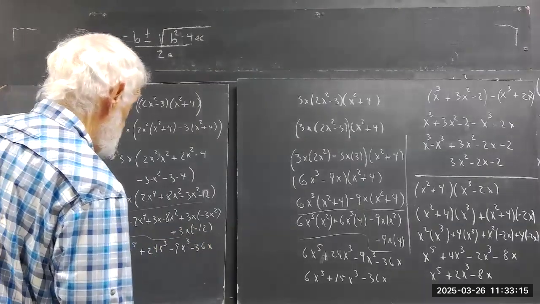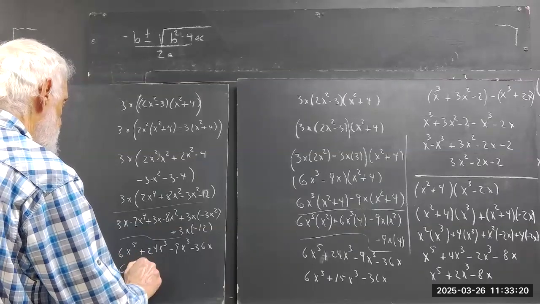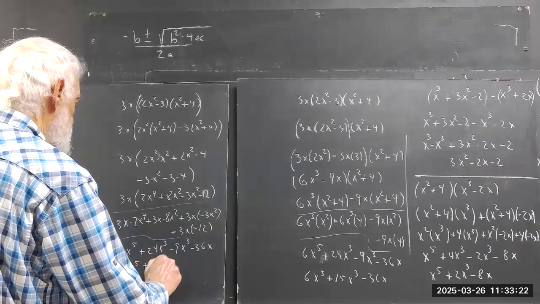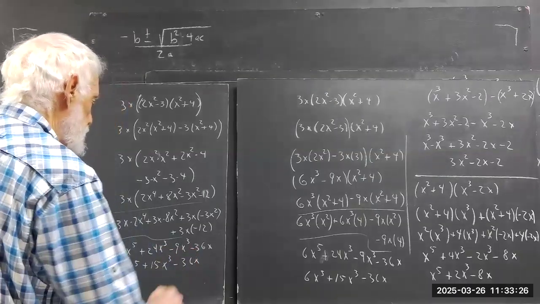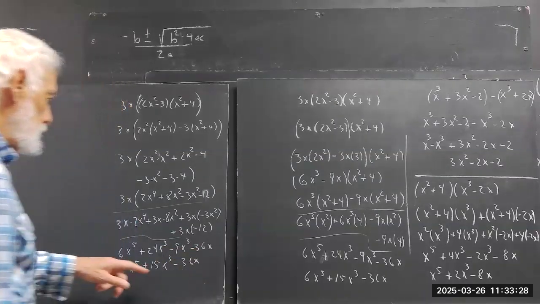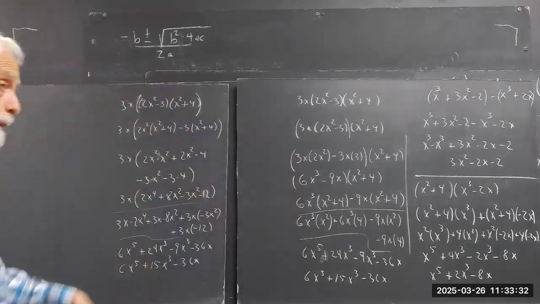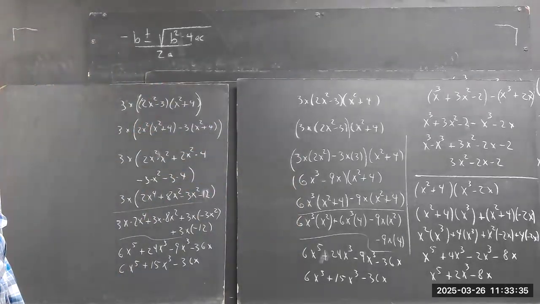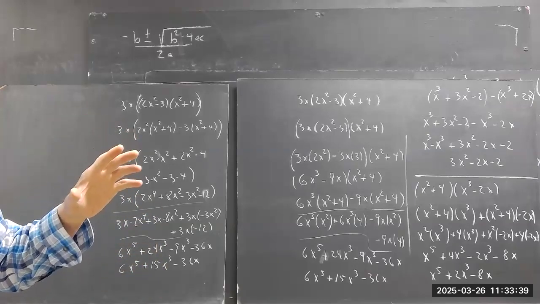We still got the x. And now this simplifies to 6x to the 5th plus 15x cubed minus 36x. And lo and behold, this agrees with this. So I actually went through both of these without making any mistakes. So that's got to be an omen or something.